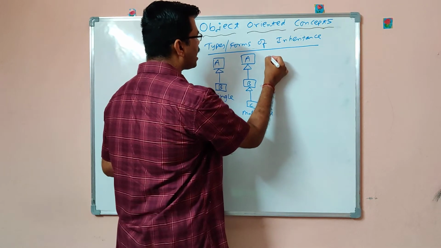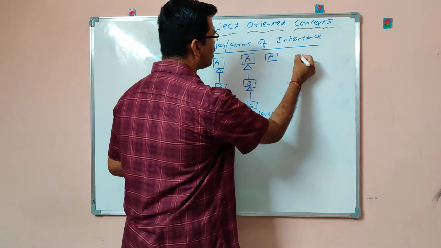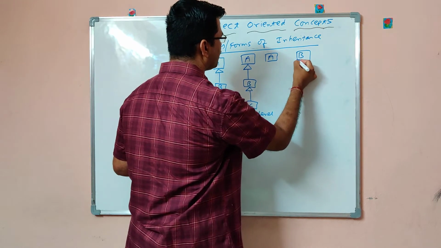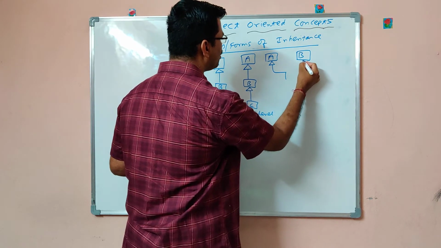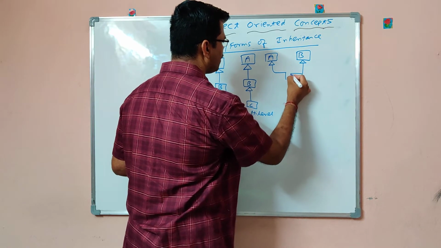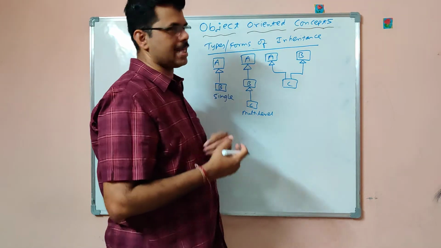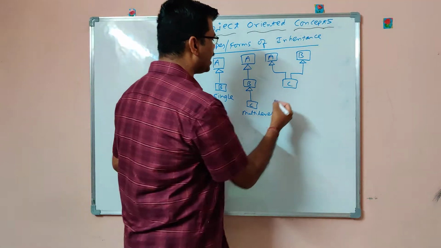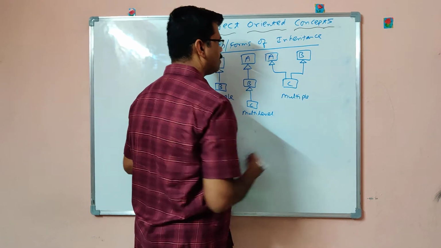Like we are having class A and we are having one more class B. Using this A and B, we are creating one more new class C. Means a new class is created using multiple classes. And this type of inheritance, we call it as multiple inheritance.